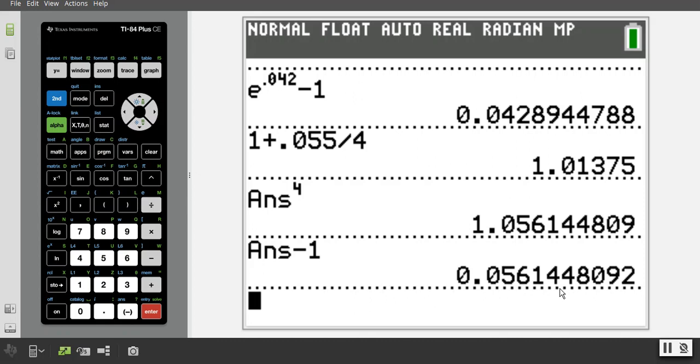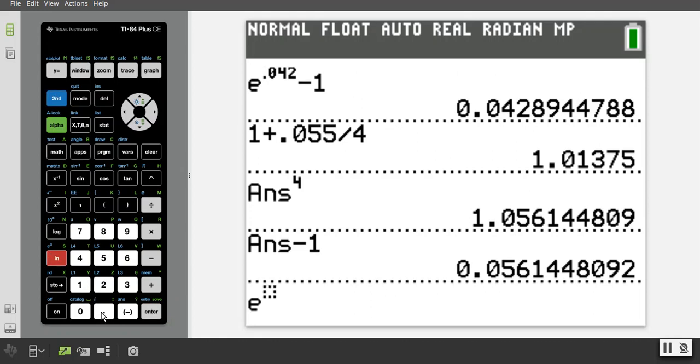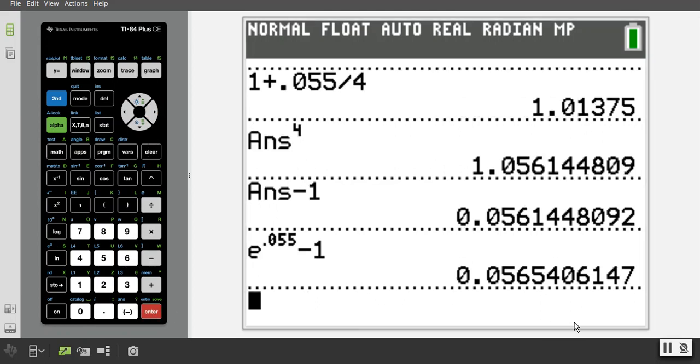So in this case, there is a small percentage yield, but it's not an enormous amount. If you do the continuous compounding and then just subtract 1, you more or less get the same thing, but in this case it's 5.7. So this one's a better example because the annual percentage yield is a little higher.